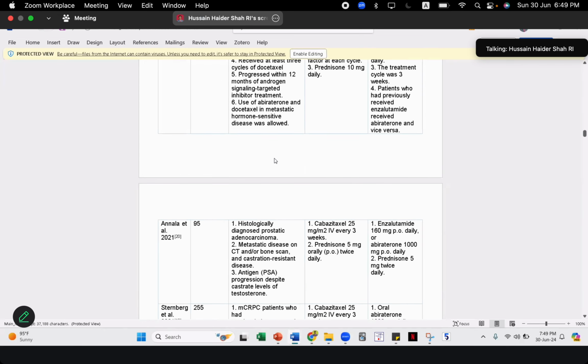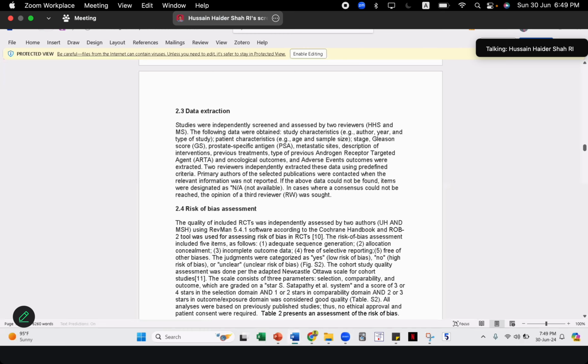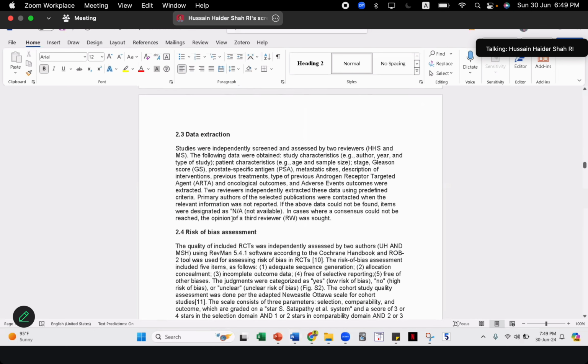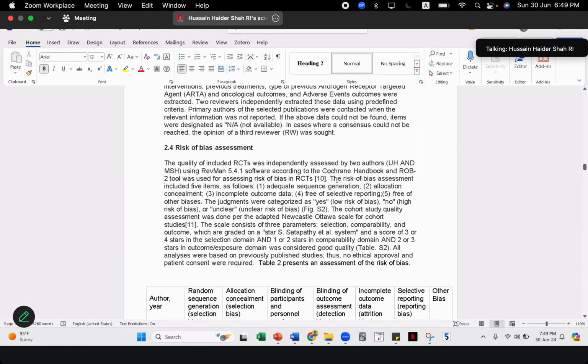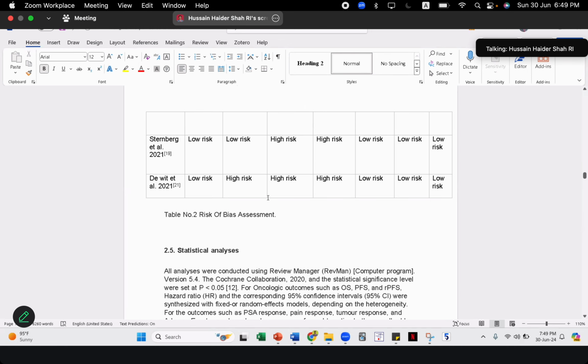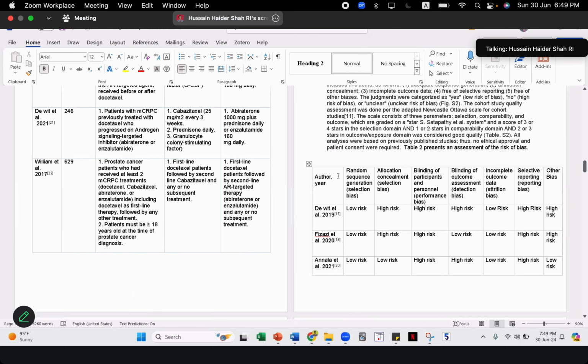Inside this manuscript, there is a risk of bias assessment. Though there is a heading of risk of bias assessment, the quality assessment of RCTs was done by this tool. The risk of bias assessment included 5 articles. And this is the quality assessment table for randomized controlled trials.